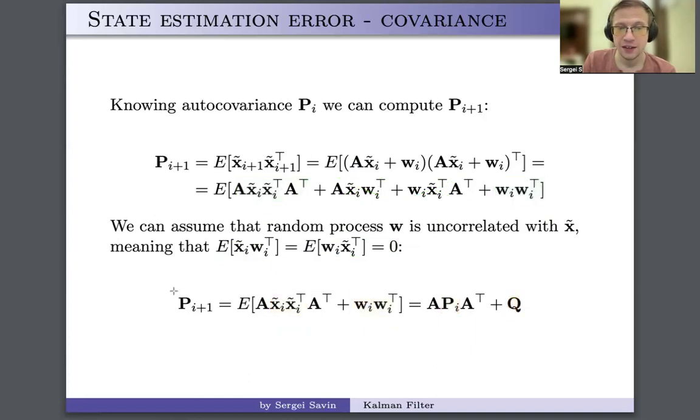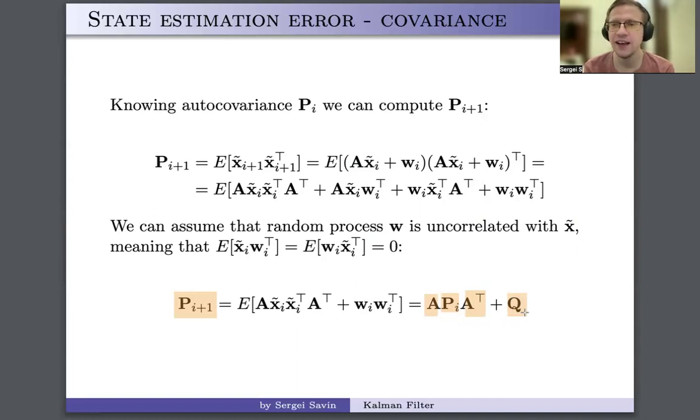So what we find is covariance on the next step is equal to covariance on the previous step, conjugated by A transposed, plus Q. So that is how covariance of the estimation error works. As you can imagine, it's going to increase, right?